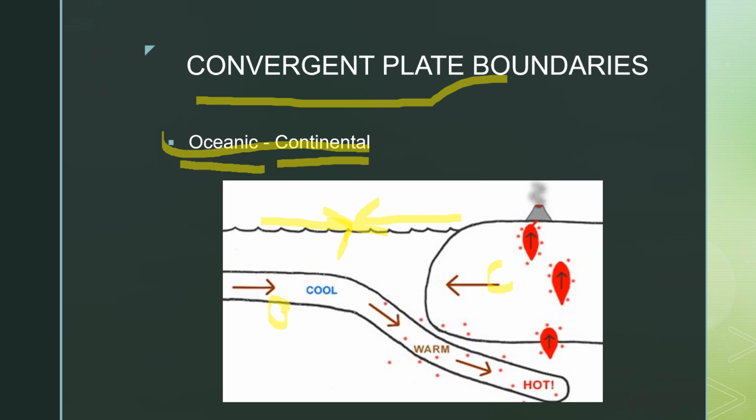So when both plates are colliding, the plate which is more dense will start to go down, it will sink, and the one with the lesser density will be above.